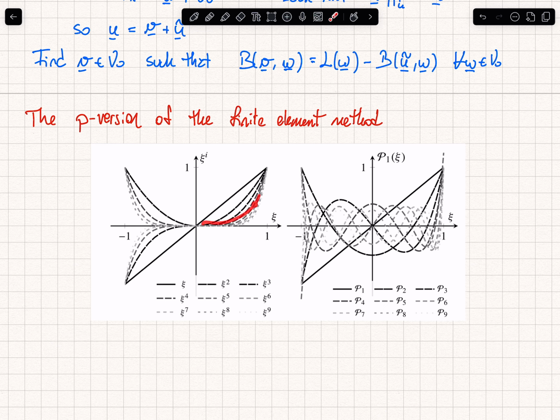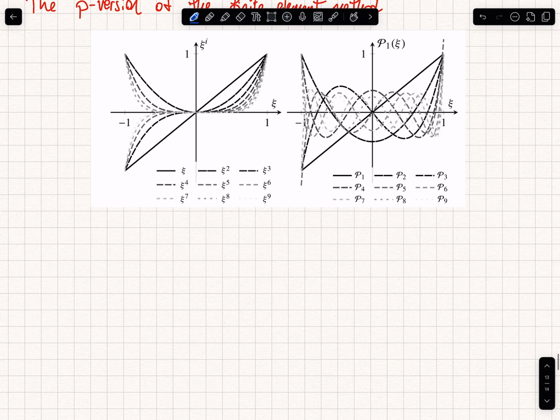That is not something that can be already represented. So we're going to define our space of polynomials, S^p, as the functions u such that u belongs to the energy space. This has not changed. We are still going to be dealing with functions that are going to produce finite strain energy.